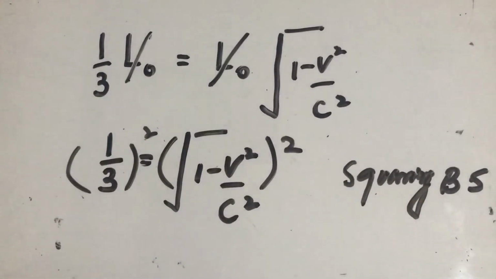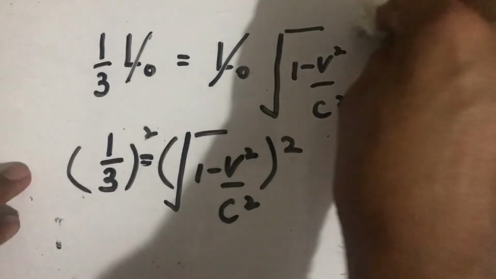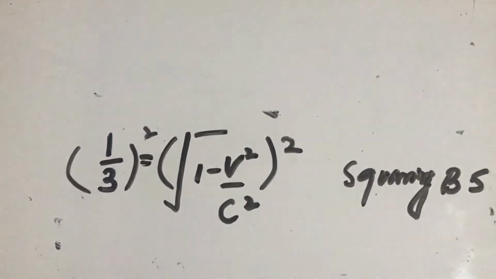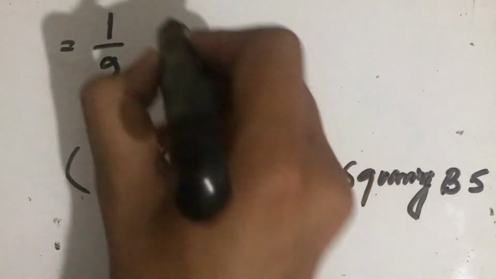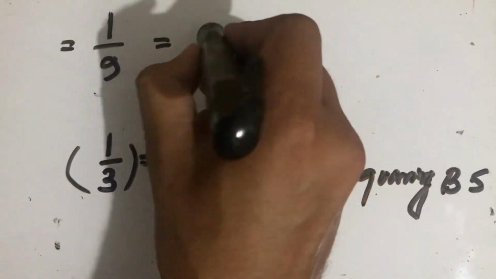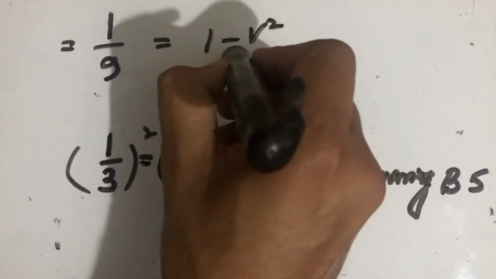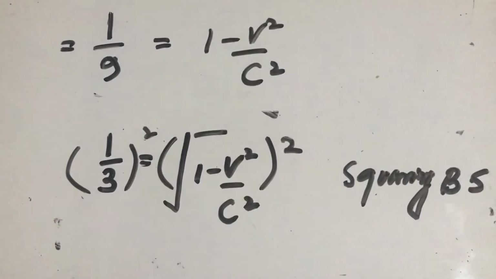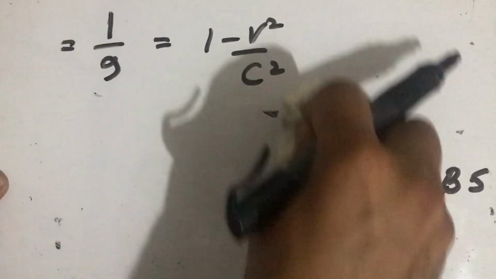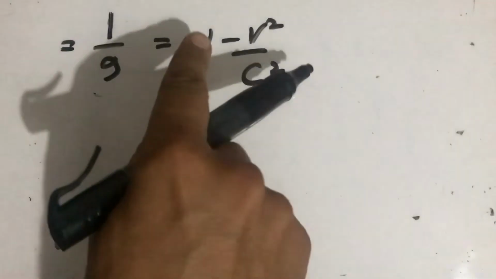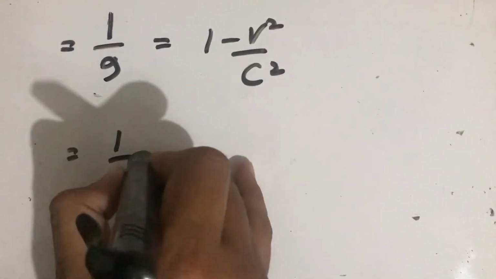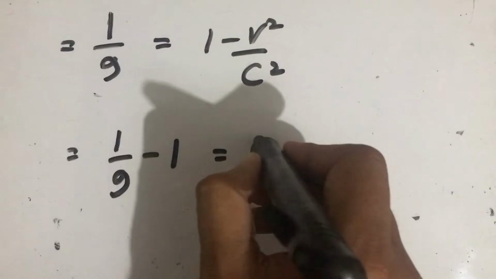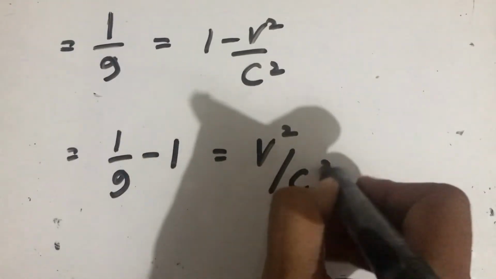And we have 1/9 is equal to 1 minus v square divided by c square. So now just shift 1 to this side, and we have 1/9 minus 1, which is equal to v square divided by c square.